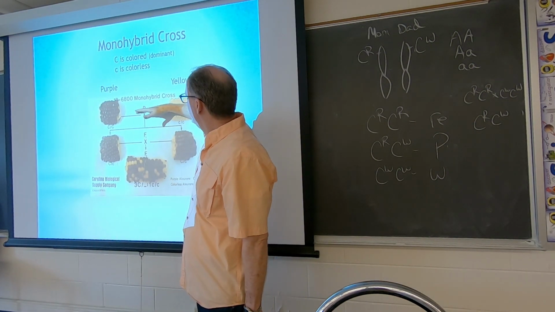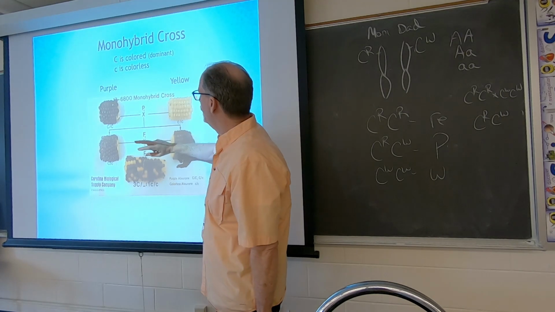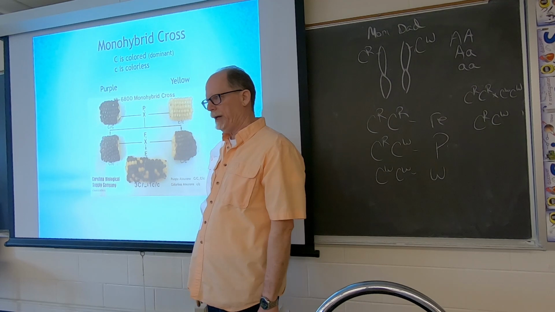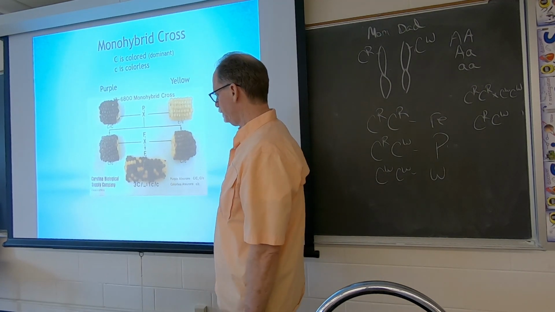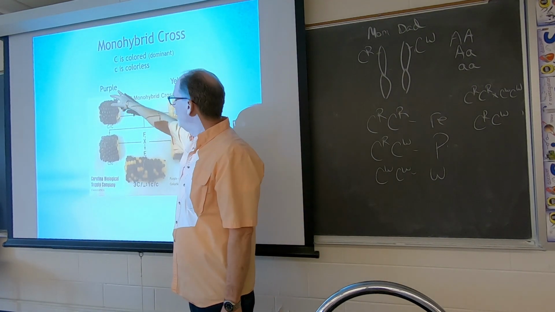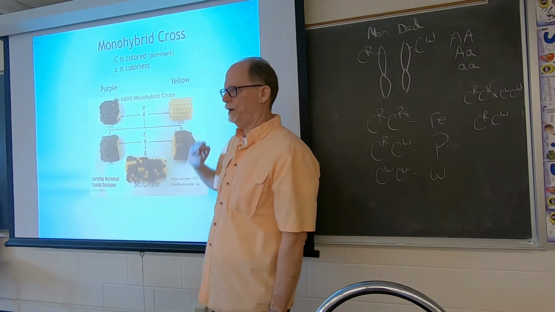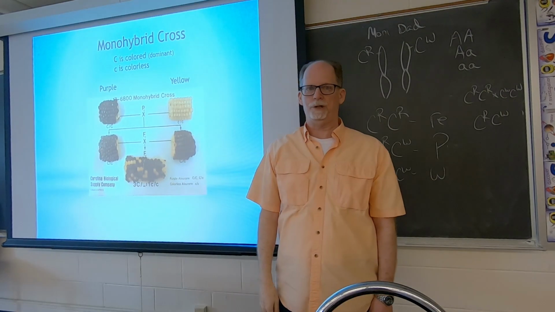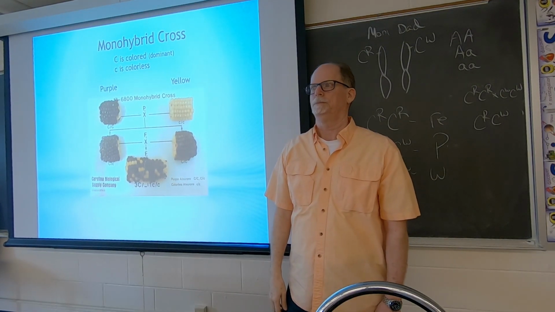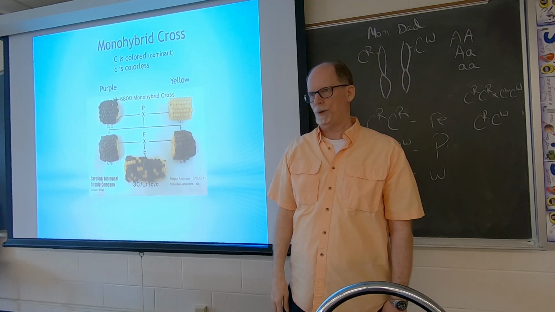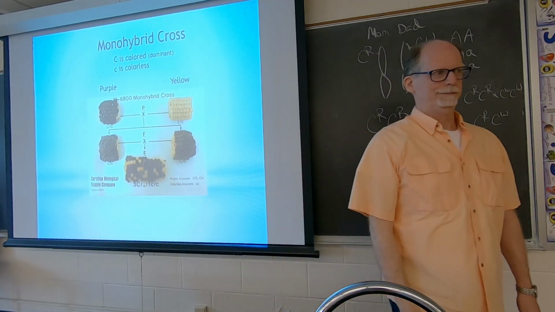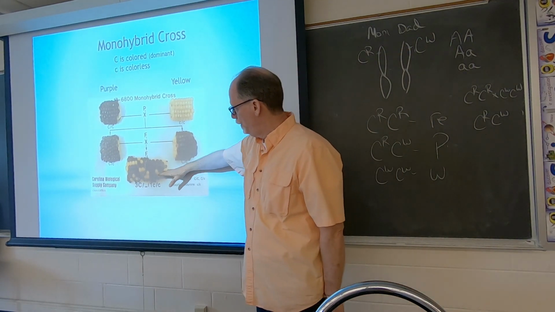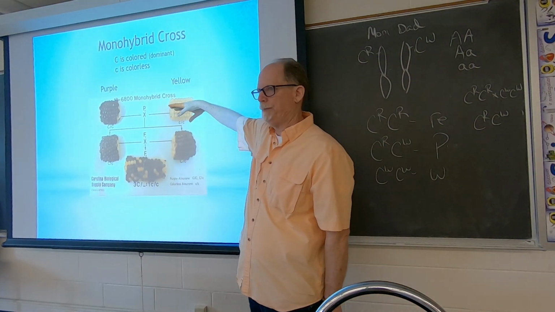This is P. I've got purple, yellow. What's the phenotypic ratio of the F2 generation? It's 3 purple to 1 yellow. What's the phenotypic ratio of the F1 generation? They're all purple. The F1 is here, F2 is this guy, and that's the P1.